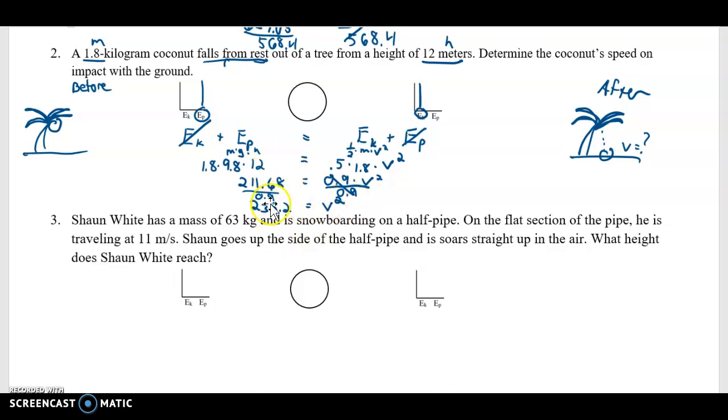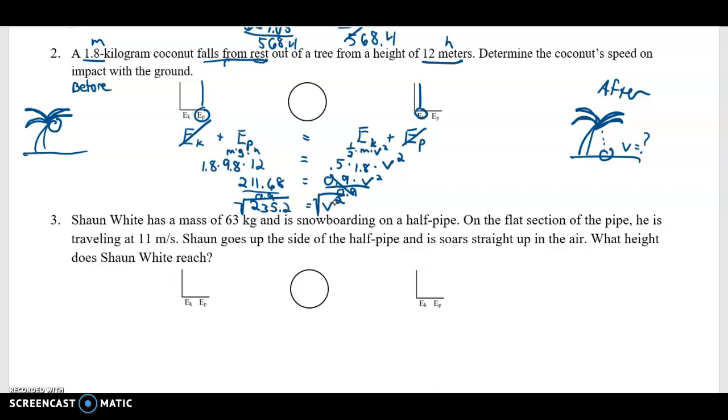So we're not done yet though. Some people will get here and think that they're done. We didn't actually solve out for v. We solved for v squared, which means we have one more step. And so when we have to undo something, we have to do the opposite of it. And the opposite of squaring is a square root. So we undo squares by doing a square root on both sides.